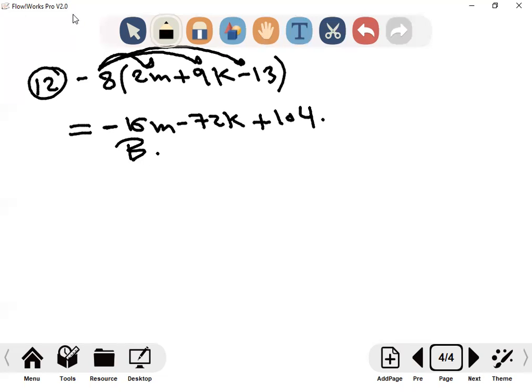Let's find it. Question 11. We will simplify and we will fill the table. Which one is equivalent? We put yes. And if it's not, we put no.